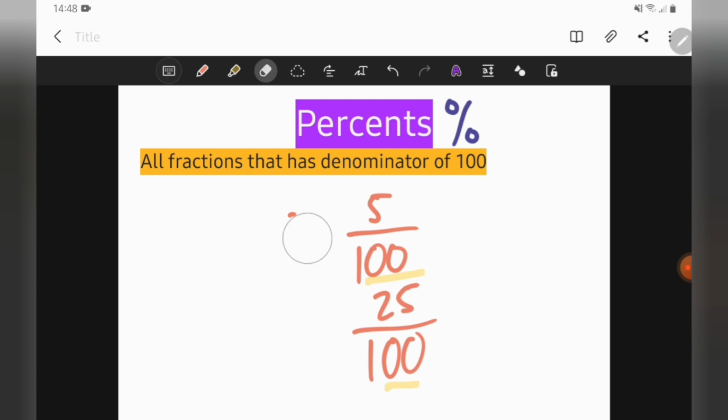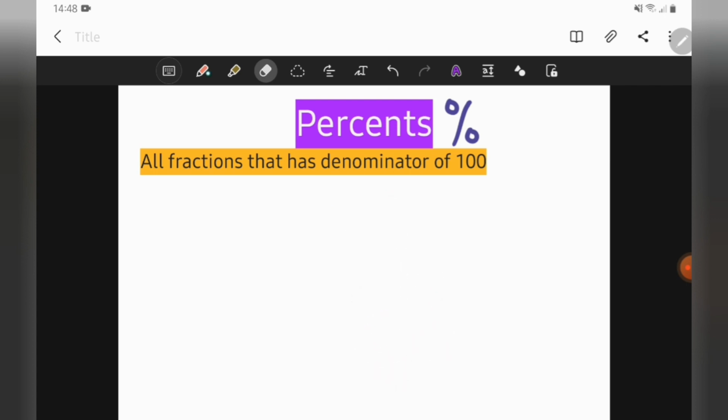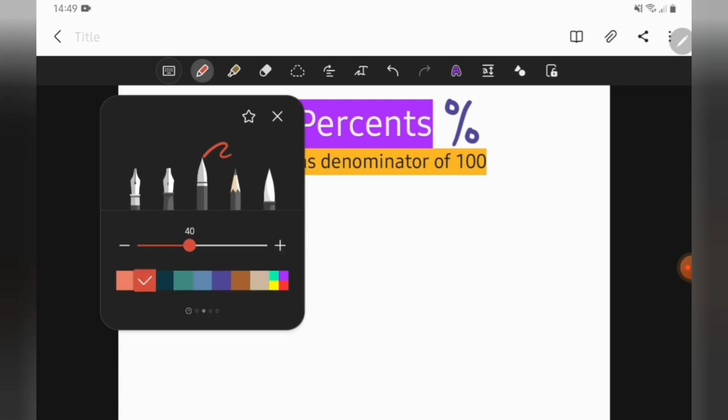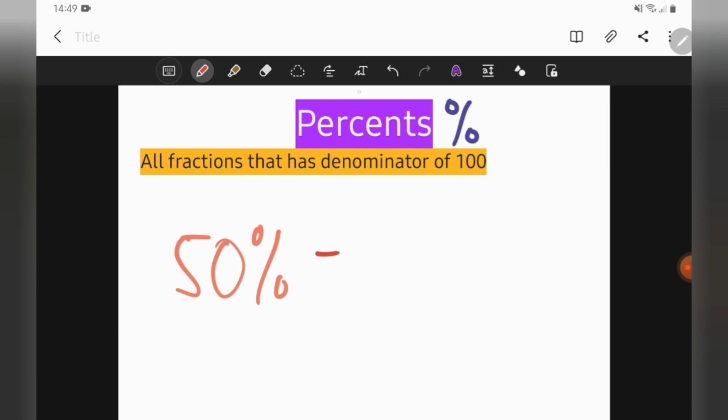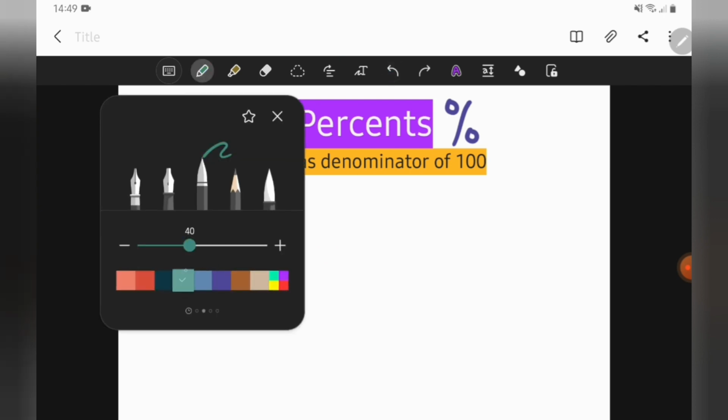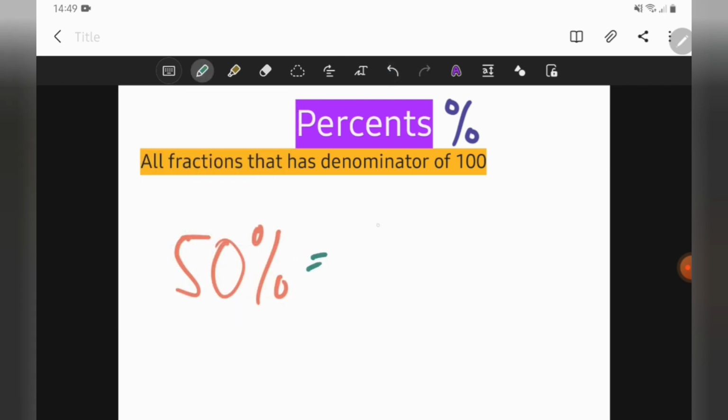And this brings us to the end of all the lessons we have from the beginning: fraction, decimal and percent. So let's make an example, for example 50%. We can make that 50% into a fraction, and it is 50 over 100.